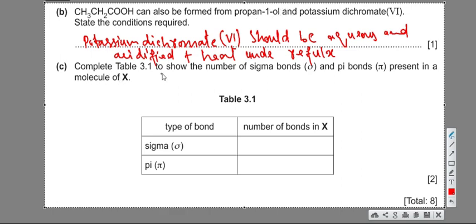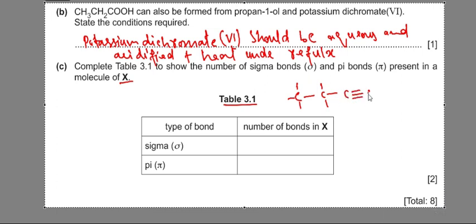Now he says complete Table 3.1, which is here. Show the number of sigma bonds and pi bonds present in the molecule X. Remember, X was propane nitrile. This time I am making a displayed formula so that you can easily understand. There are 3 carbon atoms, and the third carbon atom is bonded with a triple covalent bond to the nitrogen.